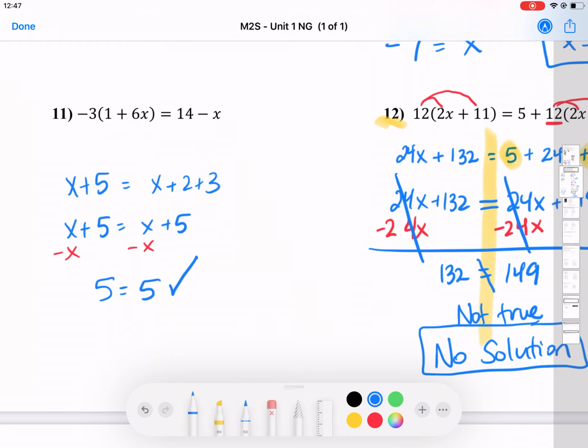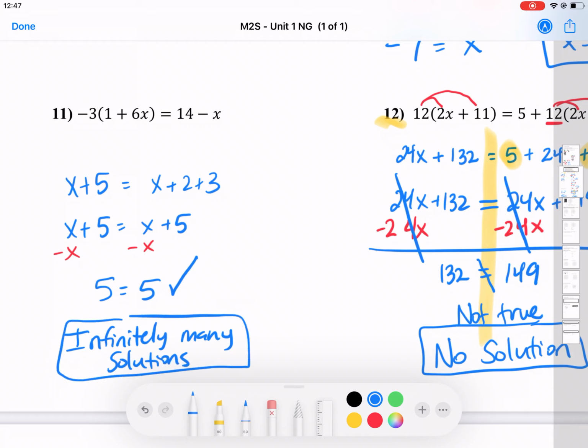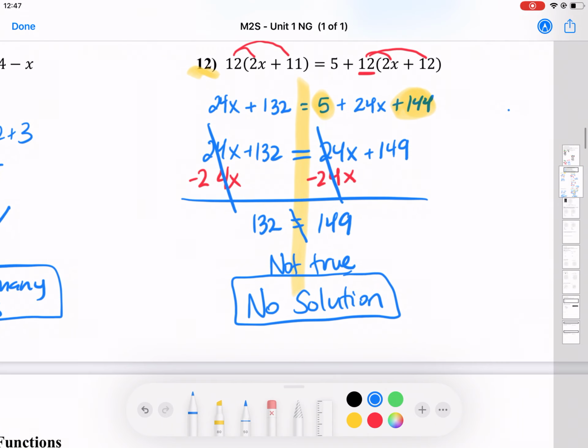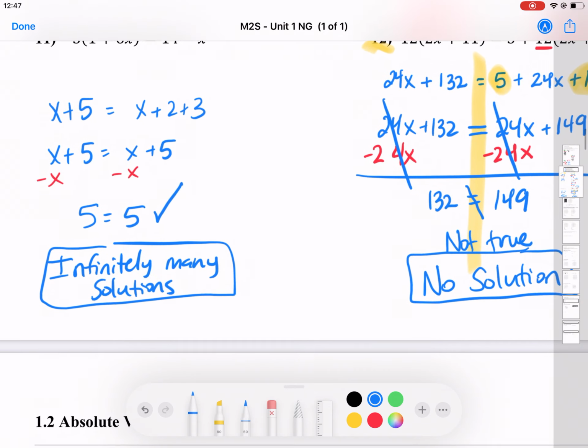If this is true, then you're going to say there are infinitely many solutions. What that means is that you can put anything you want in for x and the equation will always be true. If it's no solution, that means no matter what you put in for x, the equation will always be false. Okay, so that's the difference between the two.